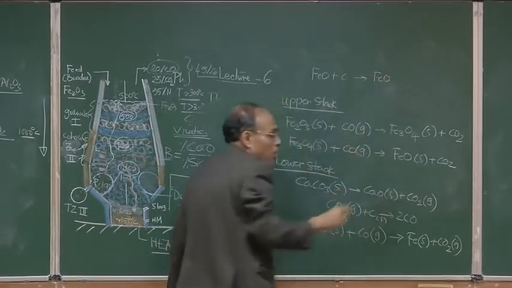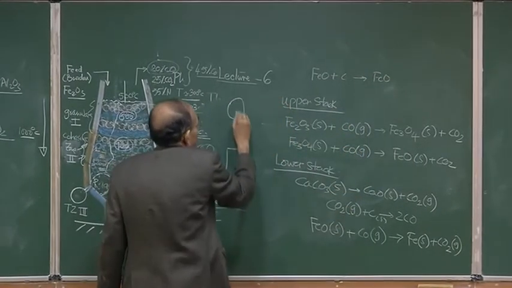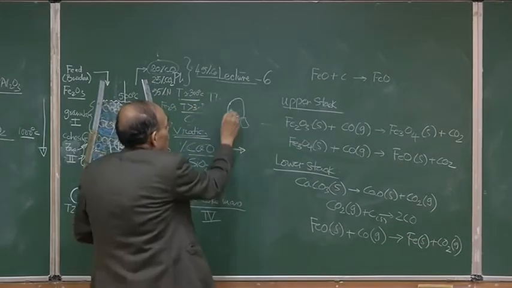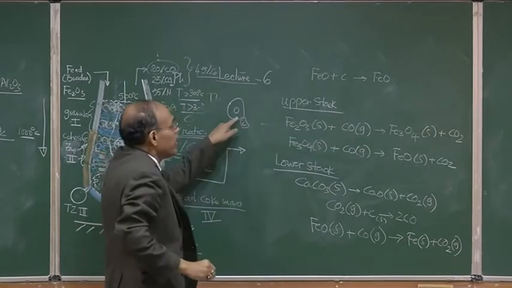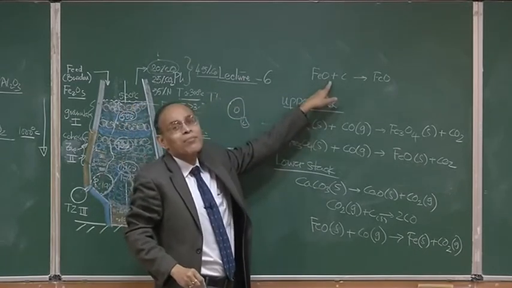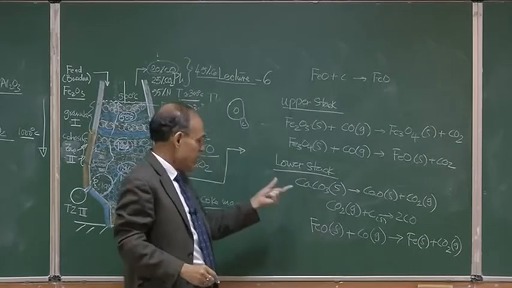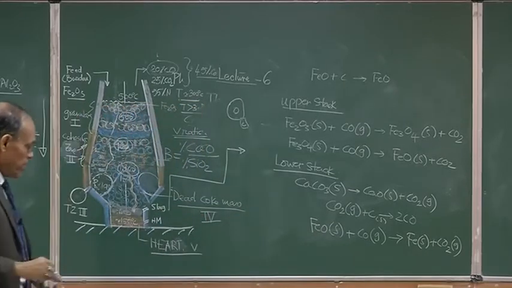For example, if a coke particle comes in contact with the ore, at that interface between the ore and the coke particle there may be this reaction also taking place, but the significant reactions are what I am listing, and that is what is shown in this particular case.